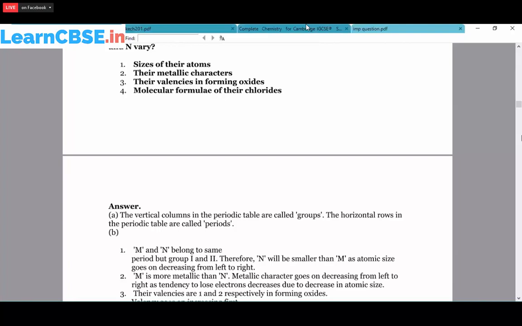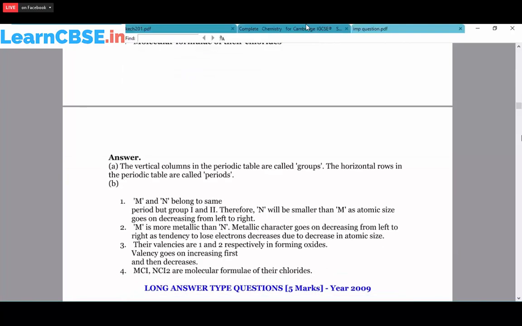The valency of M is 1 because it is in group 1, and N is 2. The valency first increases and then decreases. The valency of M is 1 and N is 2. It increases from group 1 to 4, then starts decreasing.